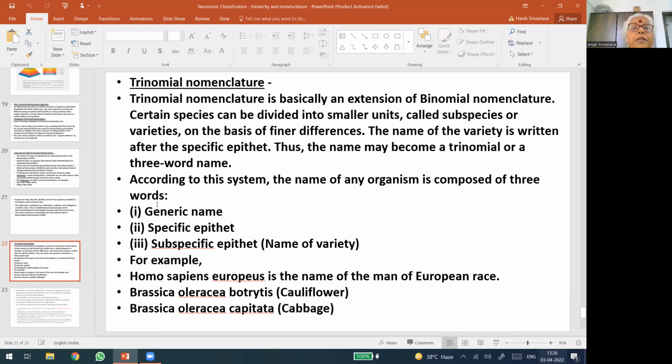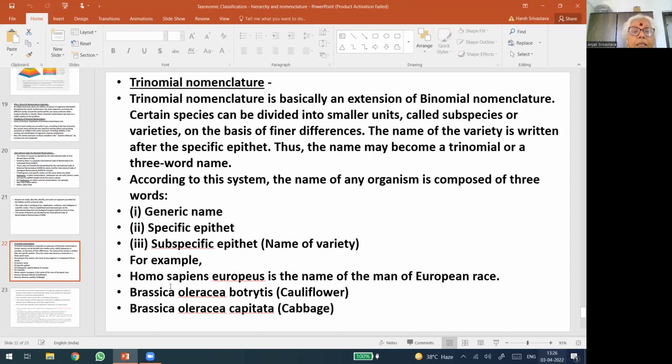And here the name of an individual or one living organism is expressed in three terms. First is the generic name, starting with the capital letter. Second is the specific epithet, that is the name of the species, starting with the small letter. And the third is the subspecific epithet, starting again with the small letter. This subspecific epithet indicates the name of the variety.